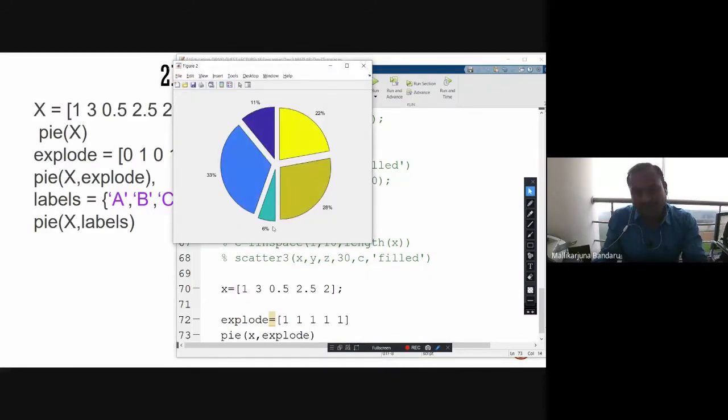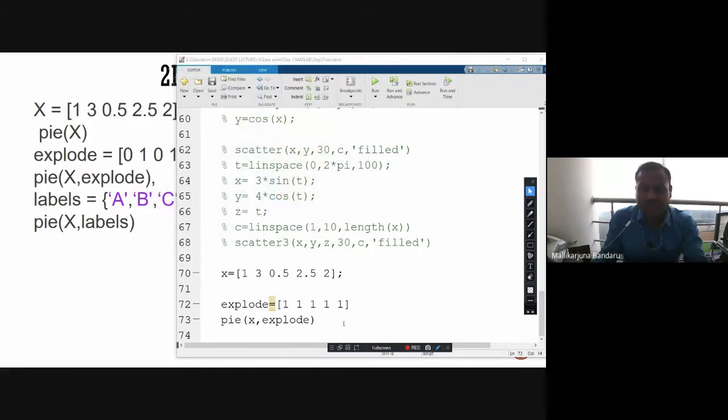But for the different slices, you would like to give labels. What does this color represent, and what do the yellow and dark yellow pieces represent one by one? You would like to give names for that. So that is how you can make it. I think I gave the explanation earlier. It is nothing but a label. Labels is equal to the names in inverted commas.